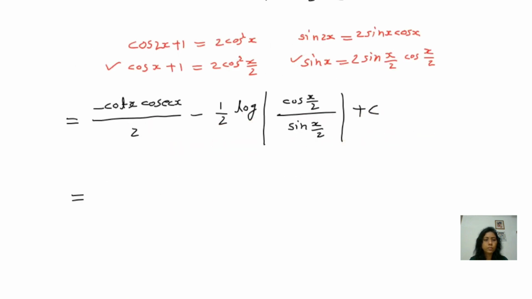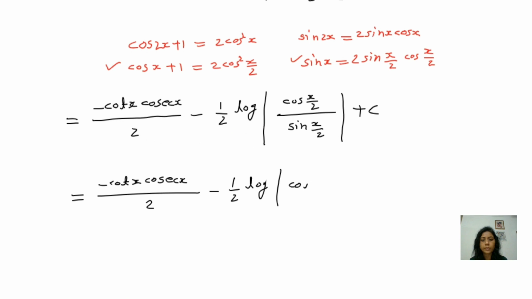So minus cot x cosec x divided by 2, minus 1 upon 2 log of cos x upon 2 divided by sin x upon 2, which we can write as cot x upon 2, plus c.